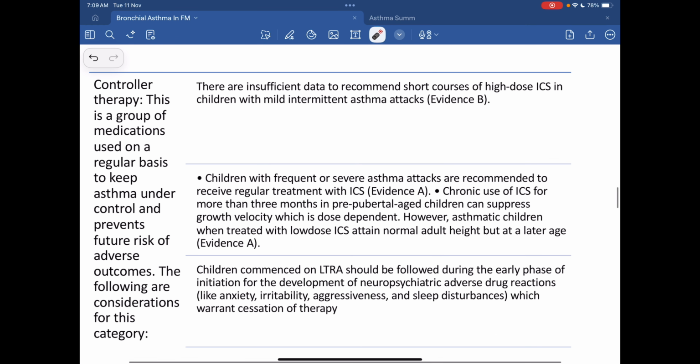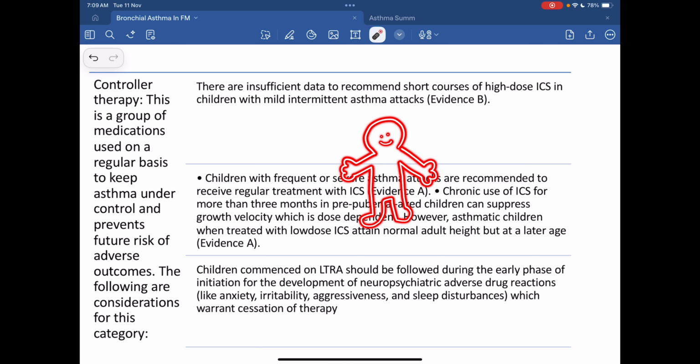Children with frequent or severe asthma attacks are recommended to receive regular treatment with ICS. Chronic use of ICS for more than 3 months in pre-pubertal age children can suppress growth velocity, which is dose dependent. So if a child has asthma and takes ICS, and the parents say, oh no, we noticed he seems delayed in growth compared to his siblings and people his age.